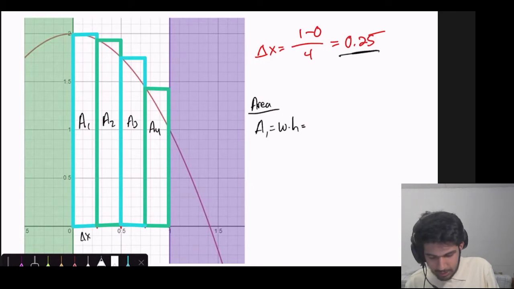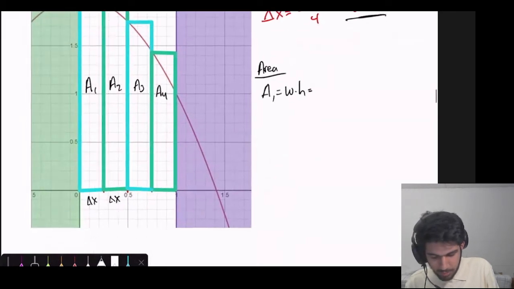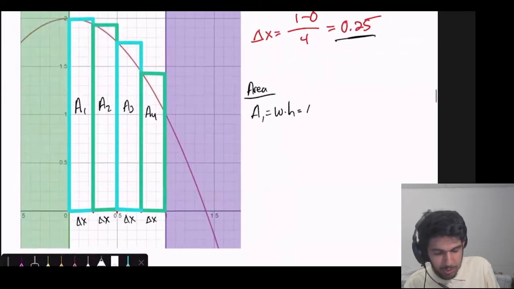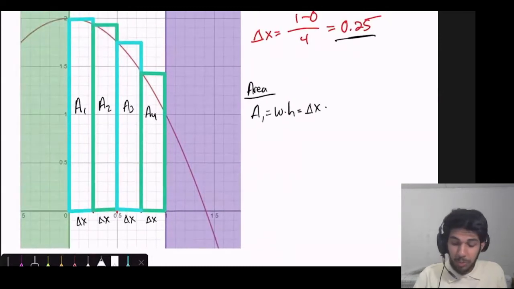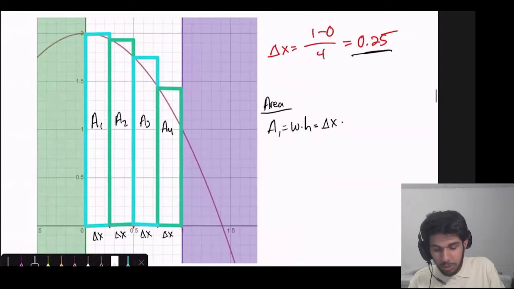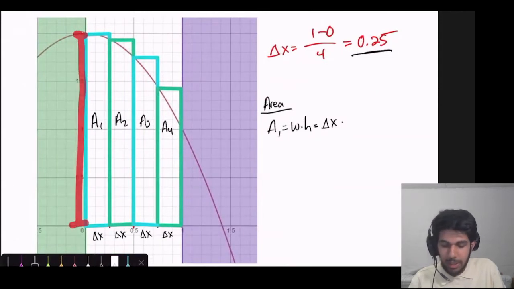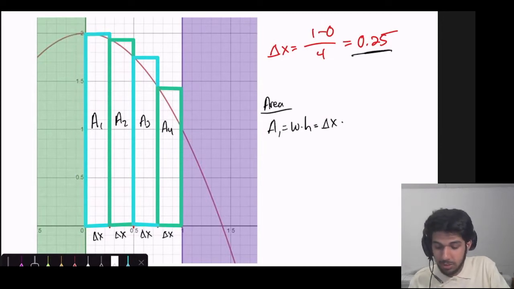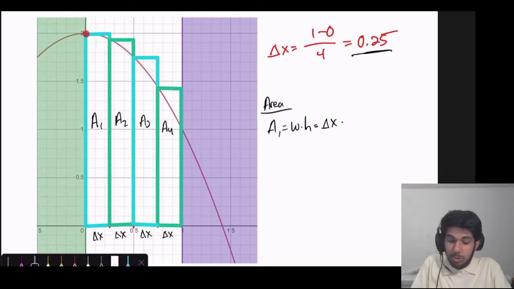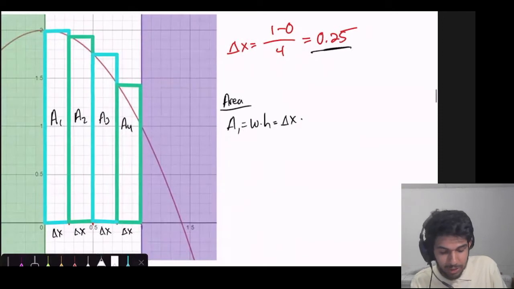Each of these is delta x. All of these widths are delta x. So this will be delta x. Now we need the height. Well, the height is going to be this distance here, and that's based off of where we touch the function. So for the first rectangle, we have height equal to, maybe it's equal to 2, but it's really equal to what f of 0 is, right?